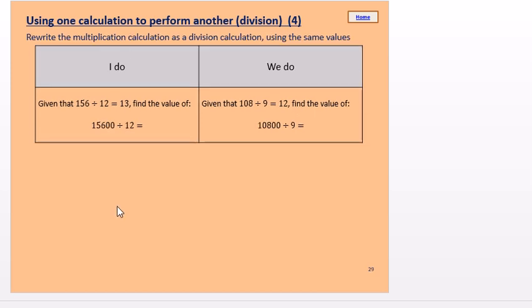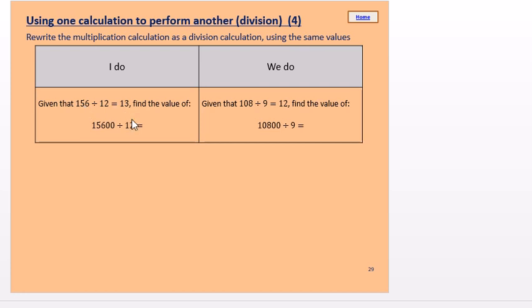Okay, and for the next two I do and we do's, the first one says, given that 156 divided by 12 equals 13, find the value of 15,600 divided by 12. So, compare the first two numbers, 156 and 15,600. 15,600 is 1,000 times bigger than 156.